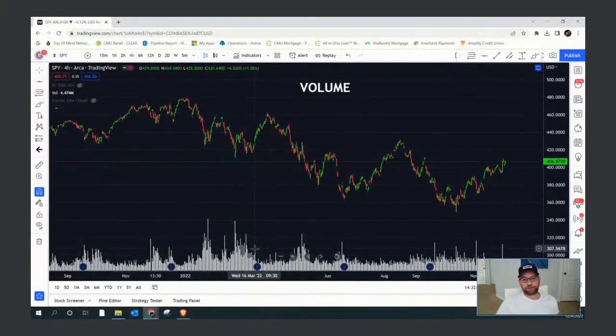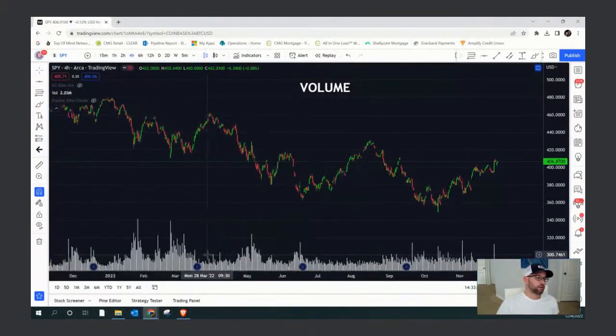Now I've changed these volume candles to be all white. The default setting is going to be red and green, like your candles. The reason I changed mine to white is that a red candle signifies that we had a down day, but with volume, there has to be a buyer for every sale, right?